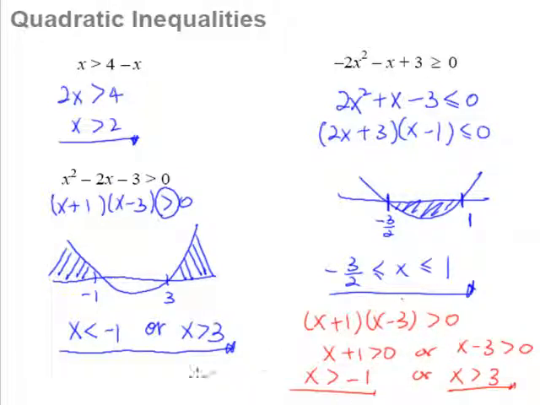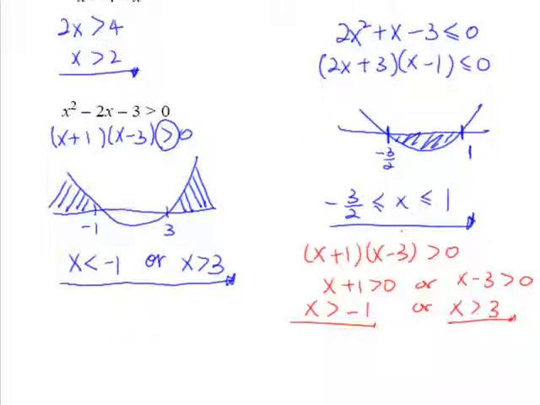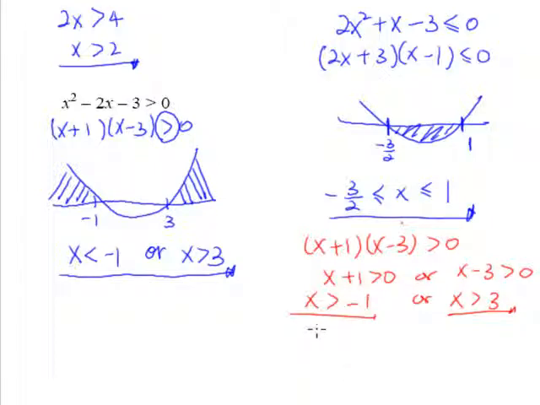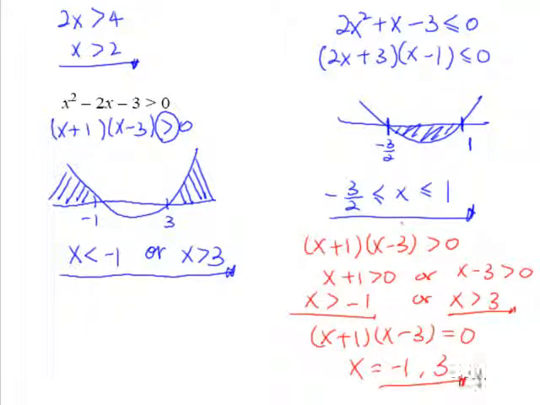All of us know that when we have x plus 1 multiplied by x minus 3 equals 0, indeed our x will be equal to -1 or +3. This is absolutely correct. But this is only correct because this is equal to 0. It doesn't work for inequalities like this.